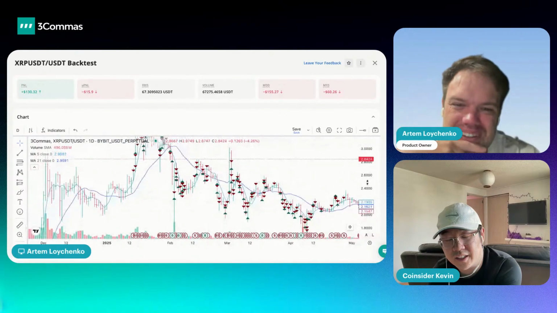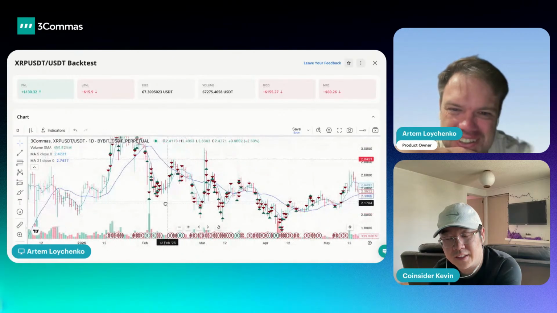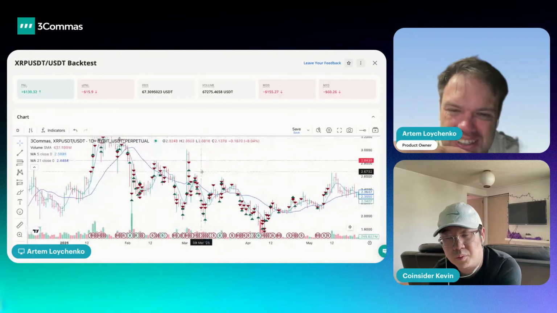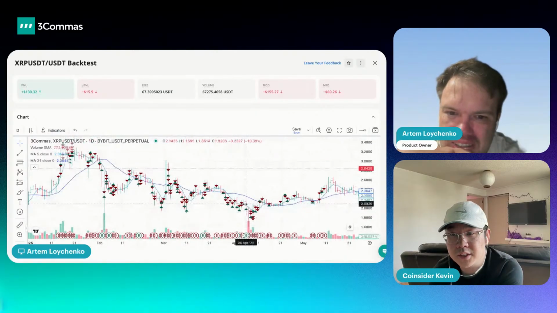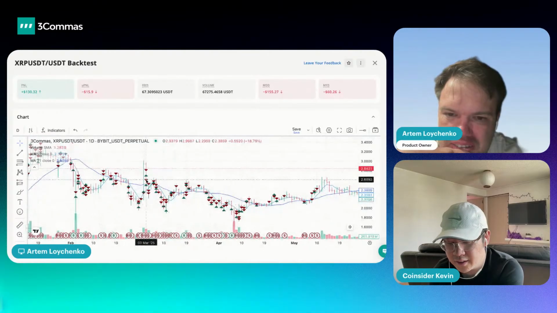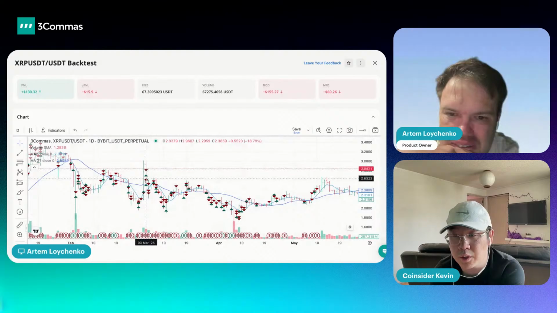This is good to think through, the different strategies and the different parameters. This is a really good exercise so that we're not just blindly creating a bot based on some settings we think will work.